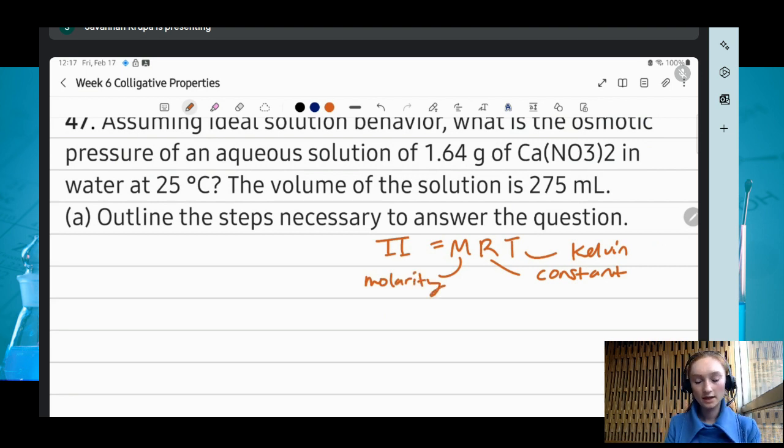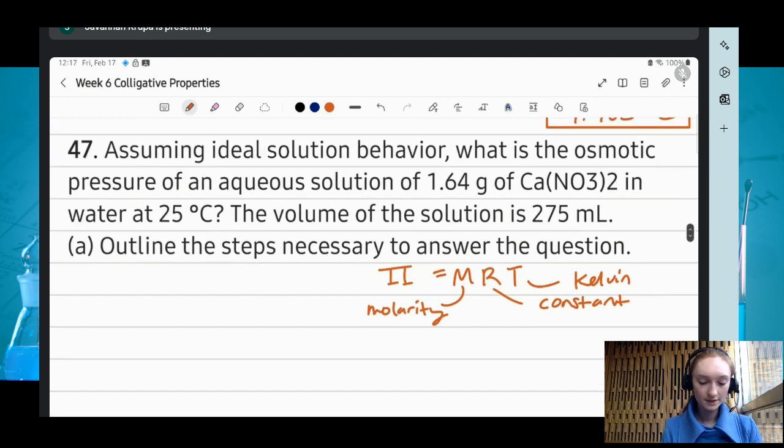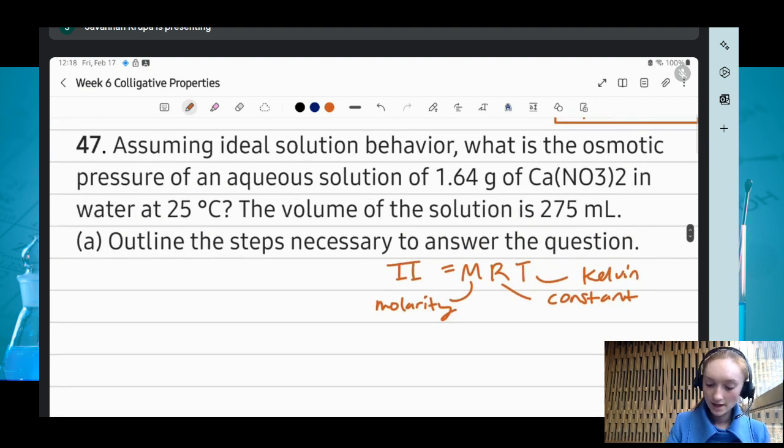It's easy to get tripped up on molarity versus molality, and so I always like to figure out what I'm working with in the beginning so I don't continue making that mistake. So the first thing that we need to do, or one of the first things that we can do, is find the molarity.